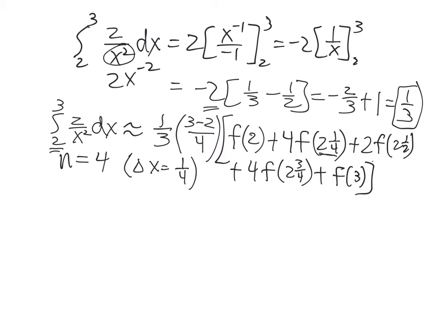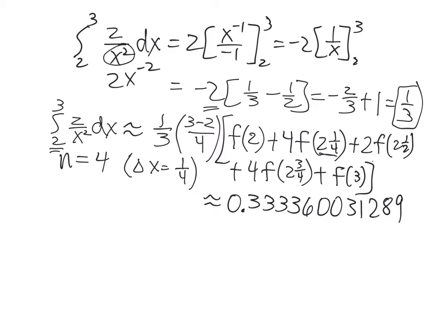But what we end up with doing all these calculations, Simpson's rule, we get 0.333336003129 out to however many decimal places that is. Like I said earlier, I calculated these so we wouldn't be taking time to plug this into your calculator. So that's our Simpson's rule.